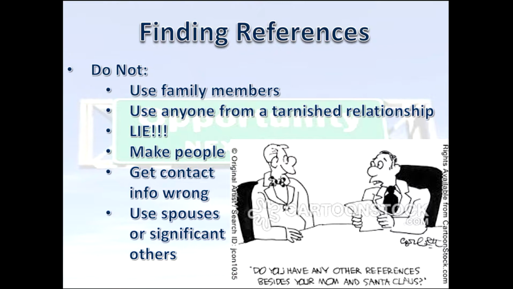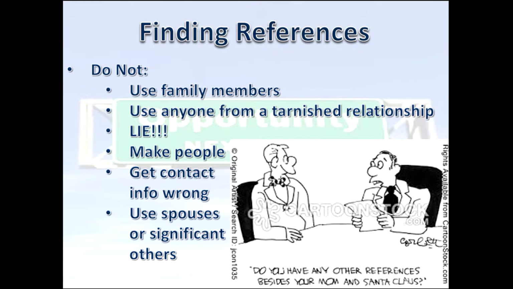Do not lie and make people up, which is the next bullet point that the cartoon cut off. The "up" is missing. What I mean by that is sometimes you will take a friend who's a really good friend, but is not in the field, and you want the really good friend to speak on your behalf. So you lie about what their job title is, or where they work, or how prestigious they are.